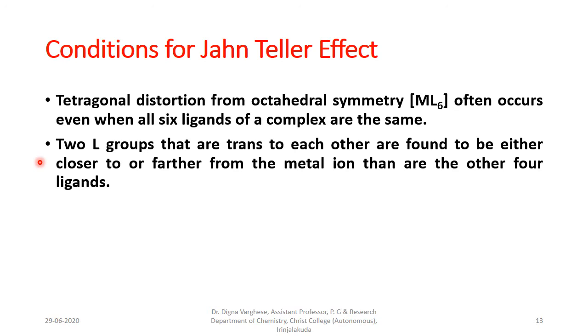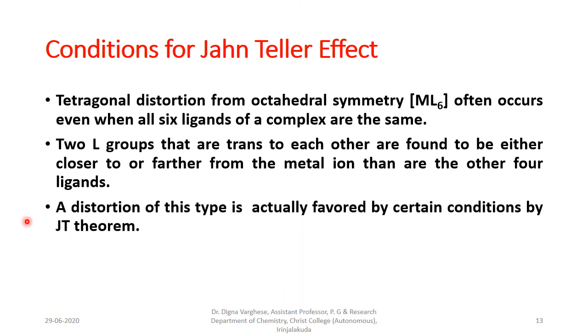Two L groups that are trans to each other are found to be either closer to or farther from the metal ion than the other 4 ligands. That means the axial z-axis ligands are either closer to the metal ion or away from it.